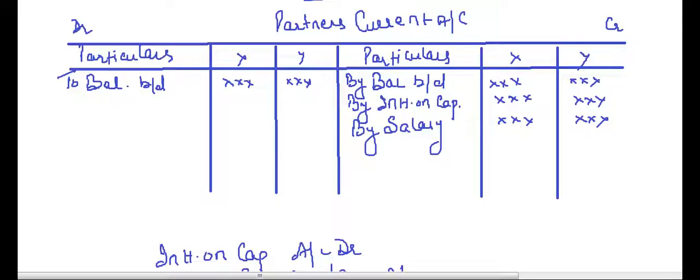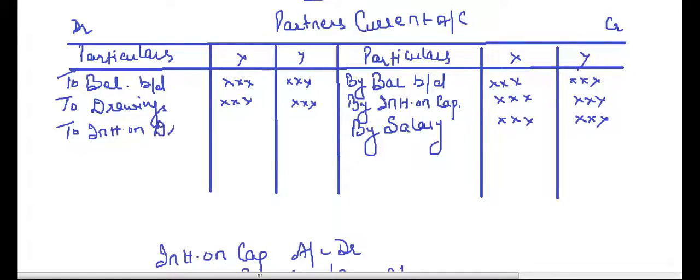It is withdrawing some money from this current account for his personal use. So this balance will reduce. We'll say to drawings on the debit side. Now if the partner is withdrawing money for personal use, he has to pay interest on that money. That we call interest on drawings. I'll say to interest on drawings.